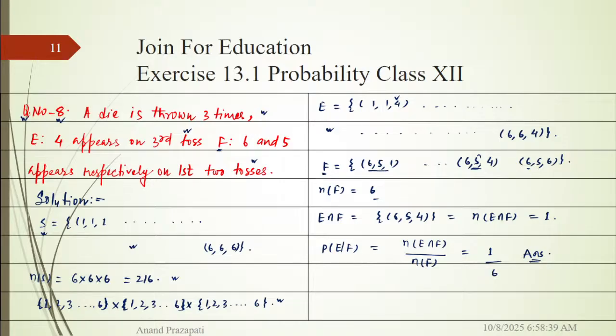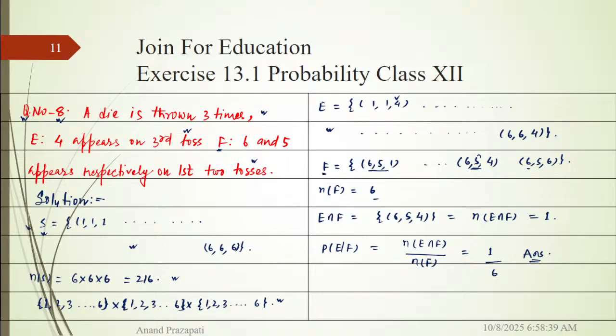Once again I repeat, a die is thrown 3 times. It means that we get 1 2 3 up to 6, into 1 2 3 up to 6, into 1 2 3 up to 6, because a die has numbers 1 to 6. For 3 times we find the Cartesian product of 1 2 3 up to 6, and then we get this.